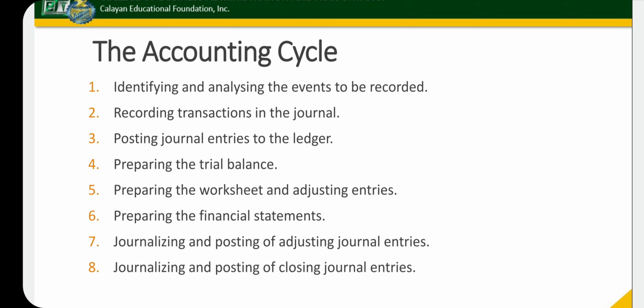For example, if we record an asset, then at the end of the period, if such asset is all consumed or some portion of it has already expired, then we need to transfer some amount from our asset account going to an expense account.